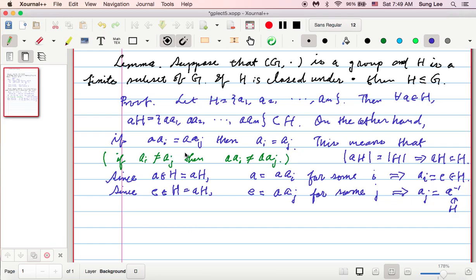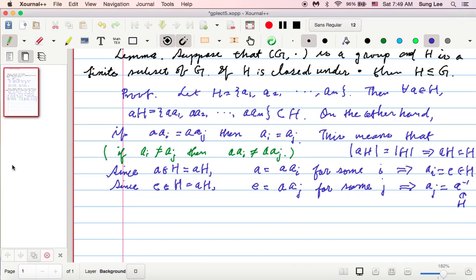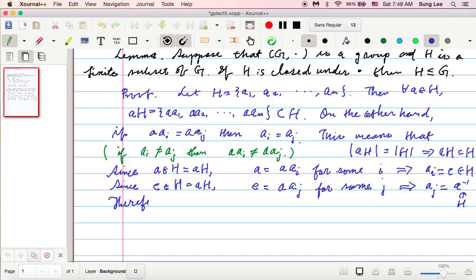So the identity element belongs to H, and for any element A in H, A inverse also belongs to H. Therefore, we just showed that H is a subgroup of G. So this completes the proof. Okay?